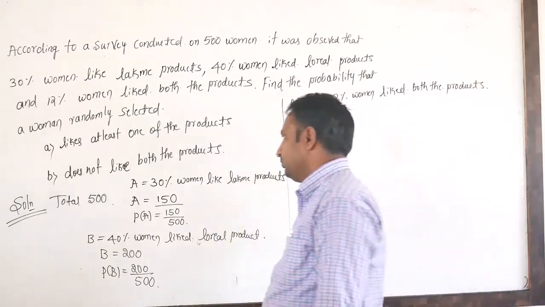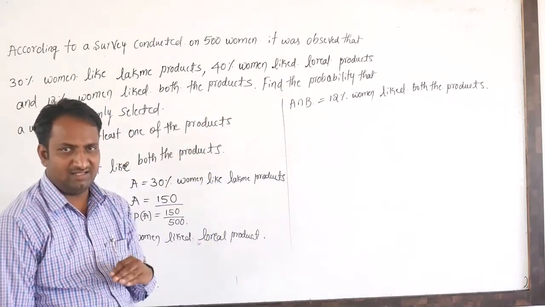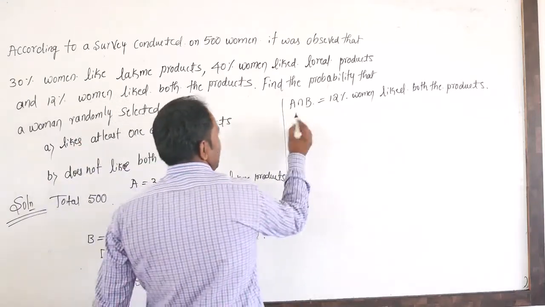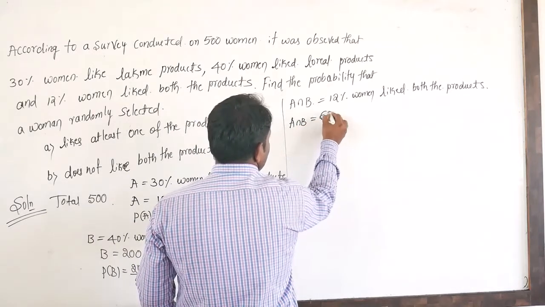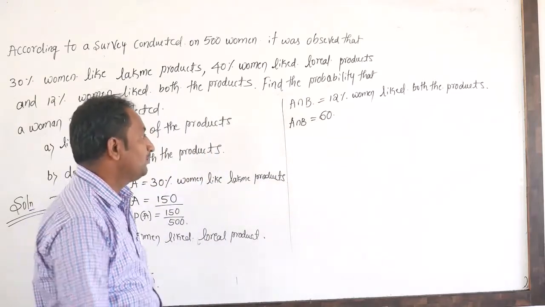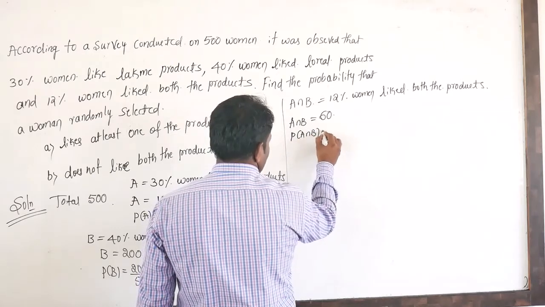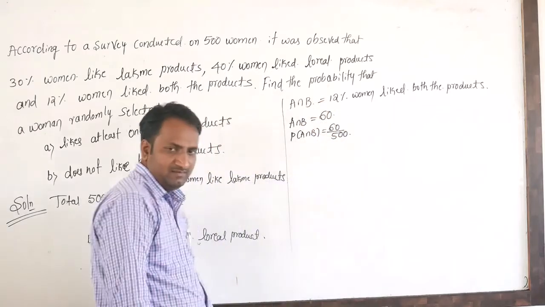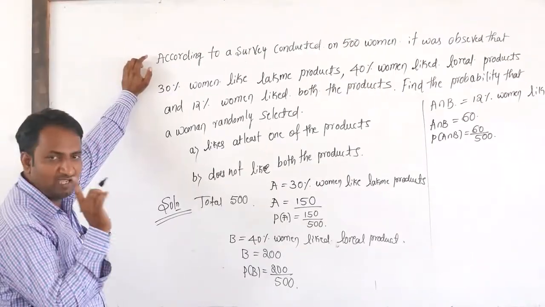Here A intersection B is equal to 12% of women who like both. 12% of 1000 is 120, and half of that, 12% of 500, is 60. So A intersection B is equal to 60, and the probability of the event A intersection B is 60 divided by 500.